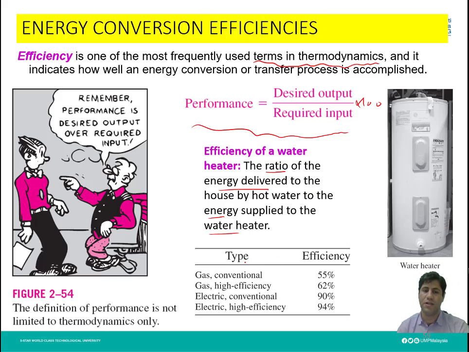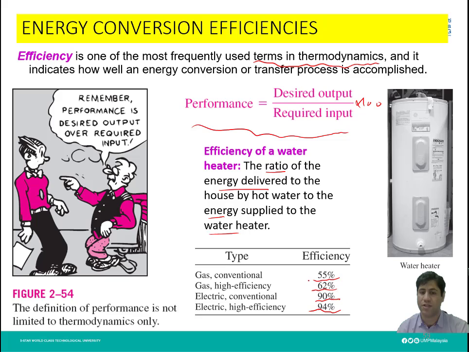You can see here with different sources of energy how much is the efficiency of this typical water heater. Gas conventional, the efficiency will be 55%. With high efficiency, with some modification, its efficiency will be 62%. But with electric, the electric water heater can reach 90 or even 94% efficiency.